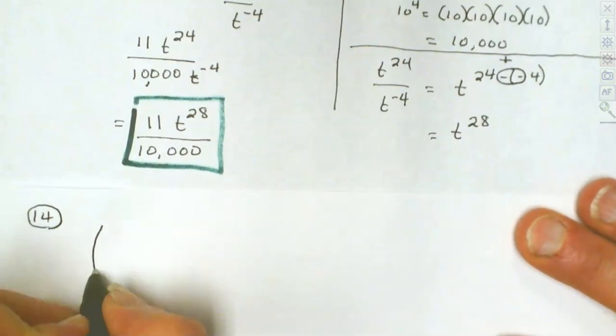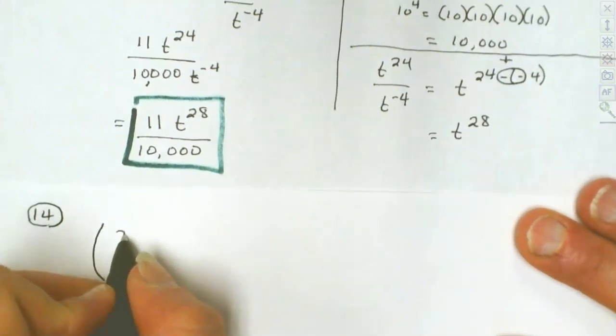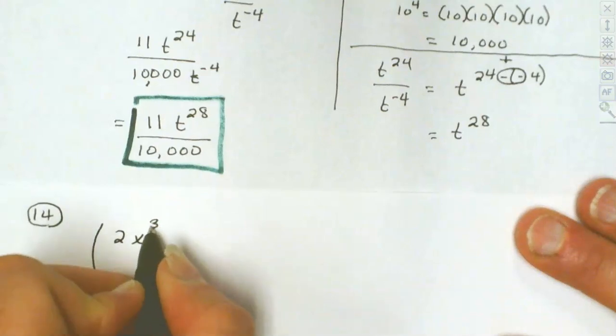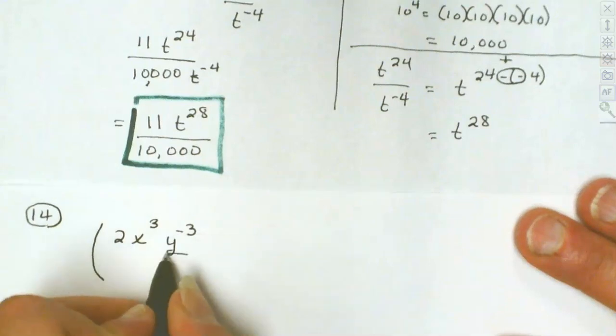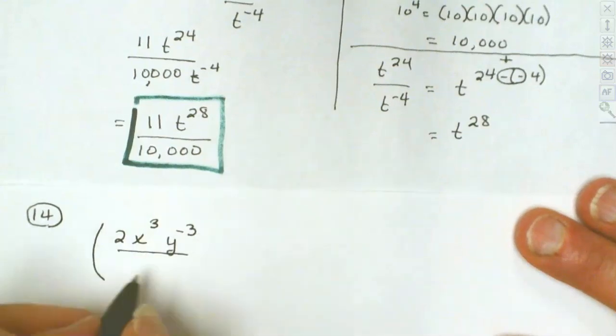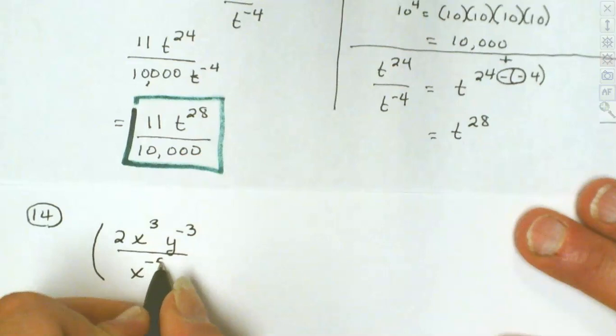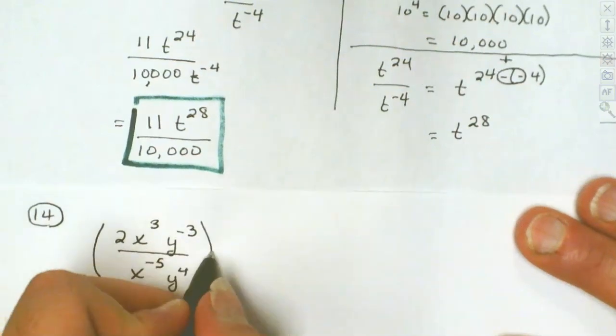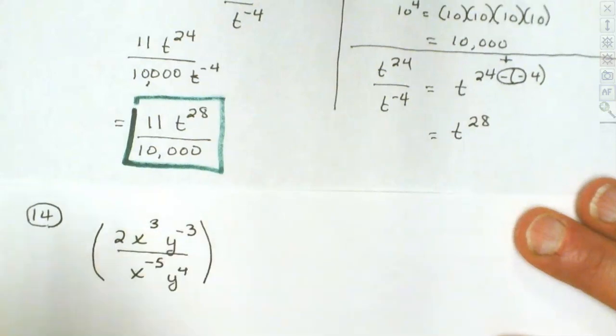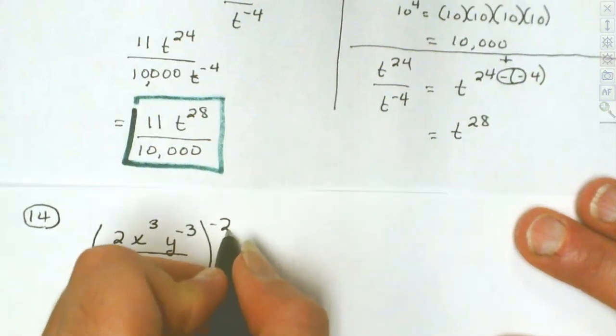What about the next one? The next one we've got 2x cubed y to the negative third, all over x to the negative fifth y to the fourth power. Thank you, Josephine. To the negative second.